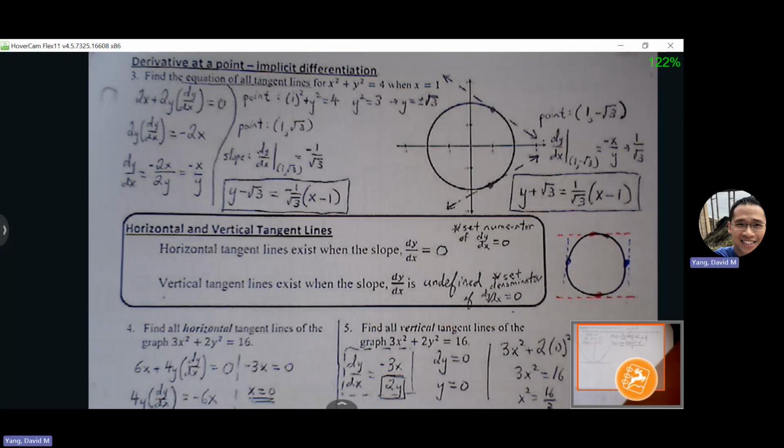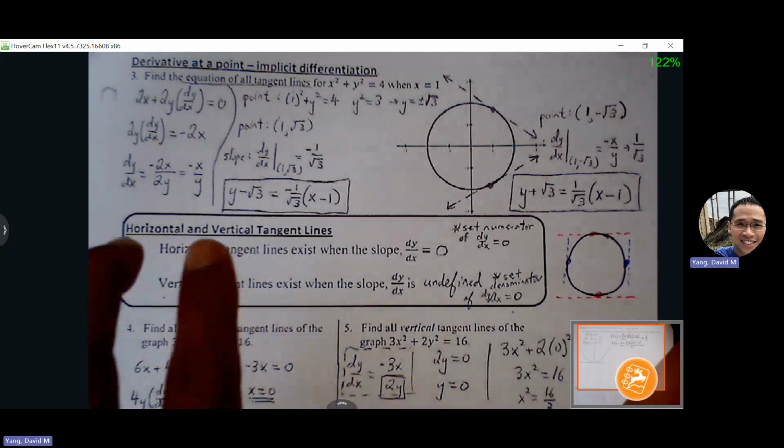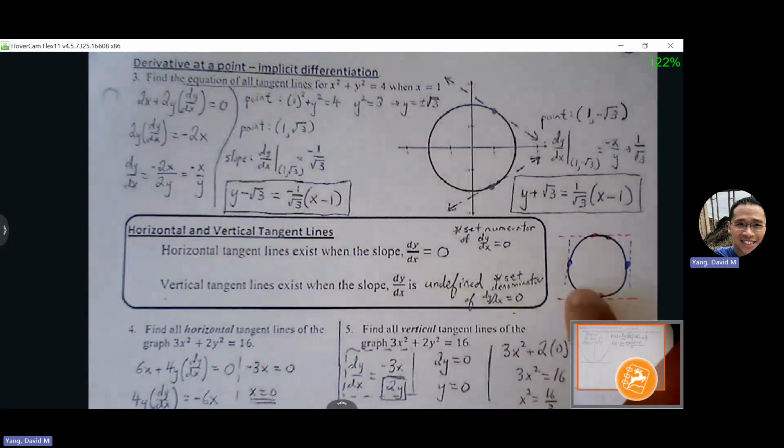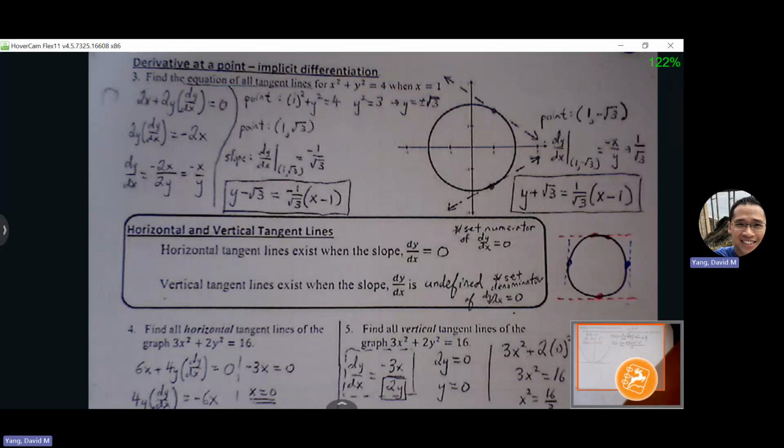Sometimes when your derivative has both a numerator and denominator, you may be asked to find vertical and horizontal tangent lines. A horizontal tangent line is what we've been doing in the past, because whenever we look for slope 0, we set our derivative equal to 0 and find that x value.